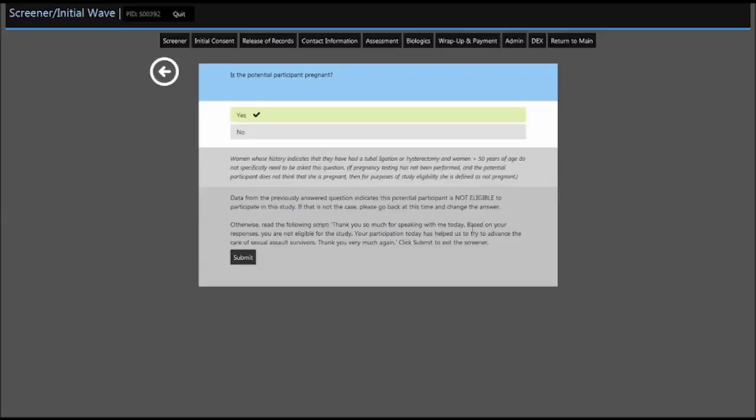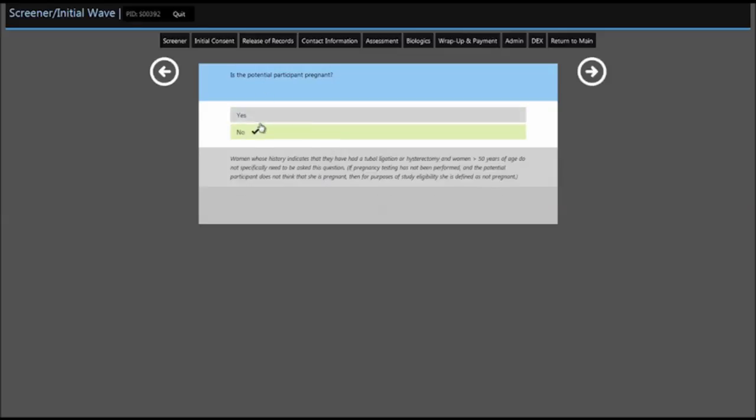Or if the person is ineligible, then you can read this script down here that thanks them for participating and lets them know that they're not eligible, but that they've still helped us advance the care for other survivors in the future. But again, the answer to the pregnancy question is that they cannot be pregnant at the time of initial assessment in order to be eligible.